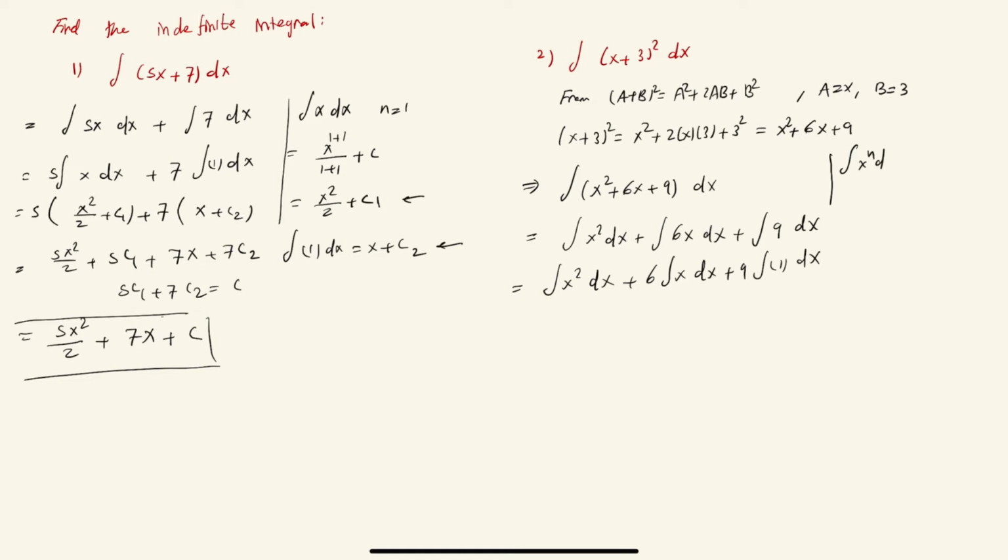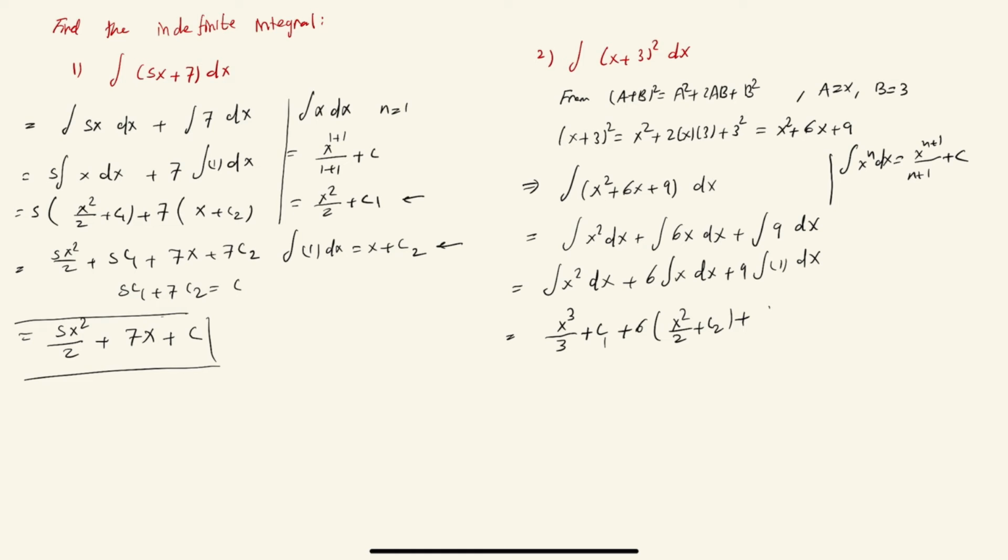Now notice the integral of x to the n dx is equal to x to the n plus 1 over n plus 1 plus c. So the first integral is going to be equal to x cubed over 3 plus c1 and then plus 6 multiplied by the result of the integral, which is x squared over 2 plus c2 and then plus 9.